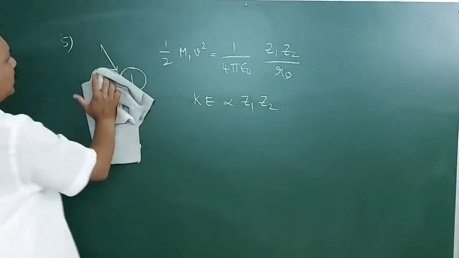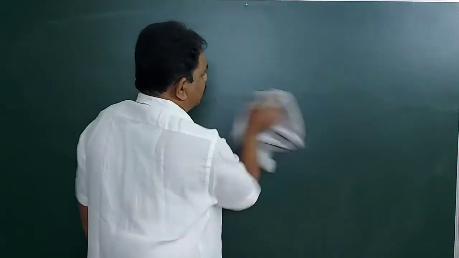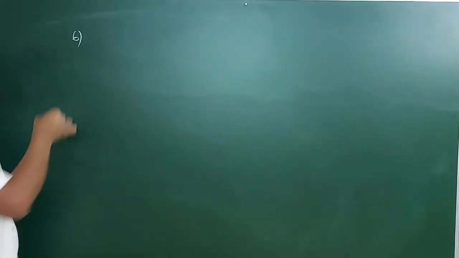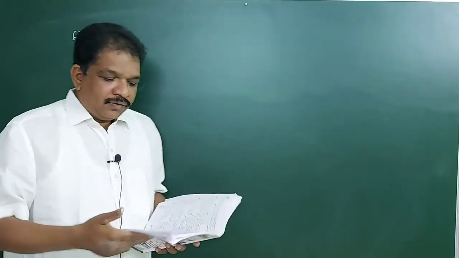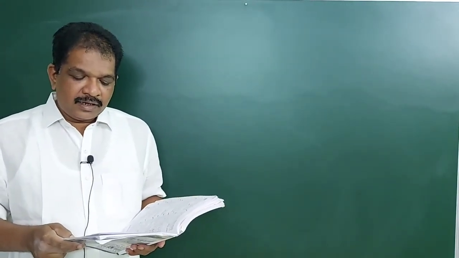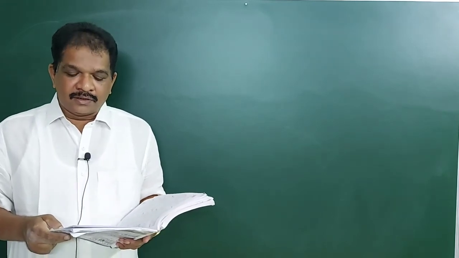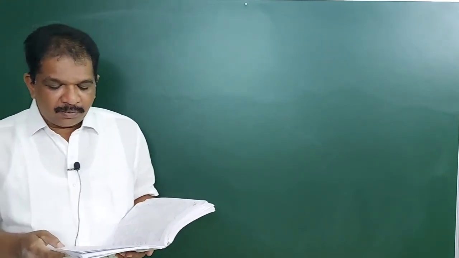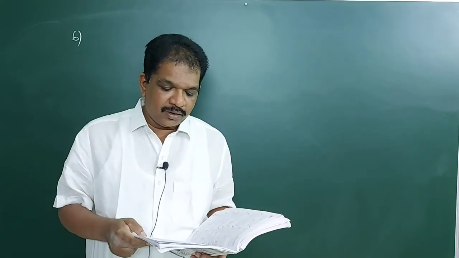Next. Question number 6, you see what they are asking. The ionization energy of the electron in the hydrogen atom in its ground state is 13.6 electron volt.